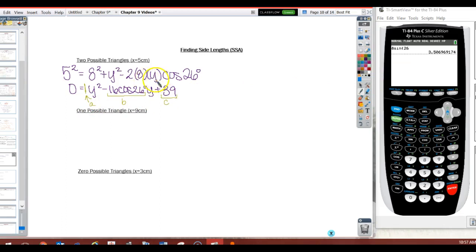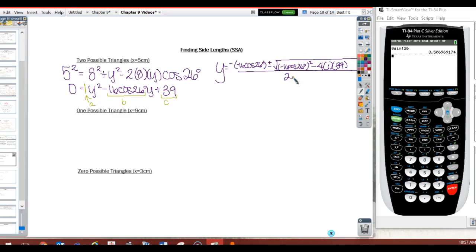So the unknown side length y will be equal to negative b, so negative 16 cosine of 26 degrees, plus or minus the square root of b squared, so negative 16 cosine of 26 squared, minus 4 times a times c, all over 2a. 2 times 1 is just 2.